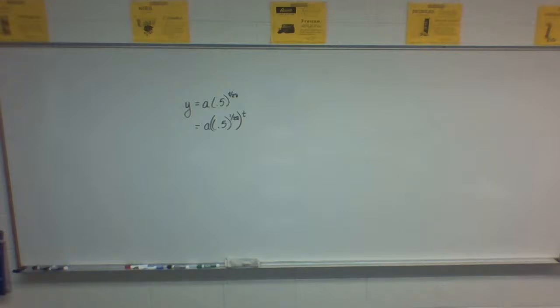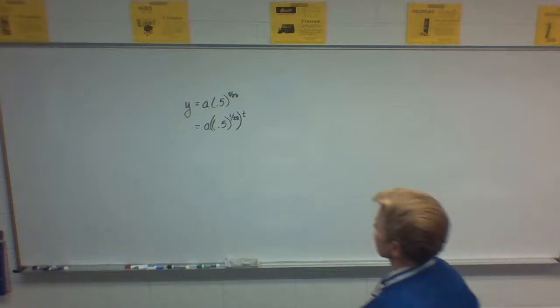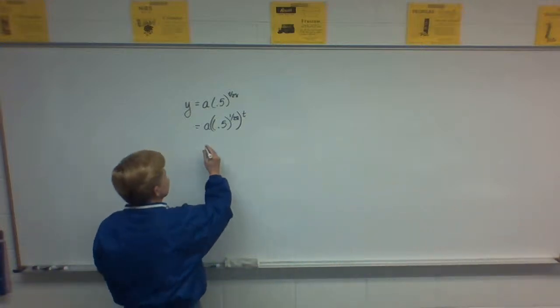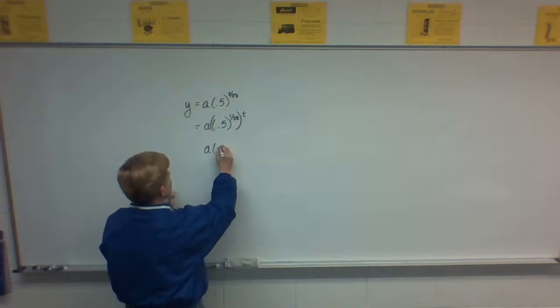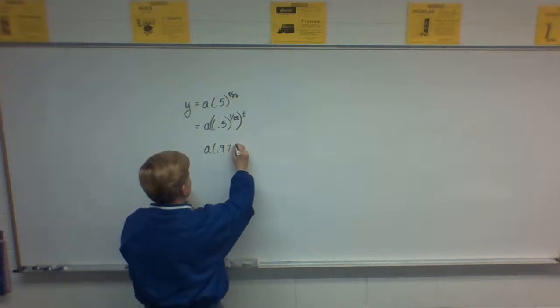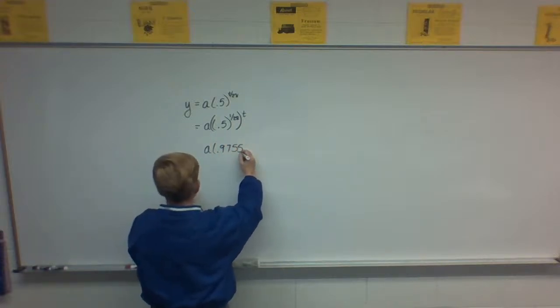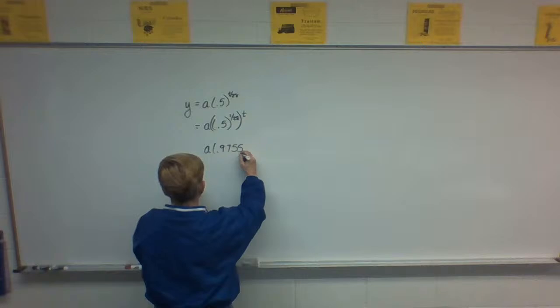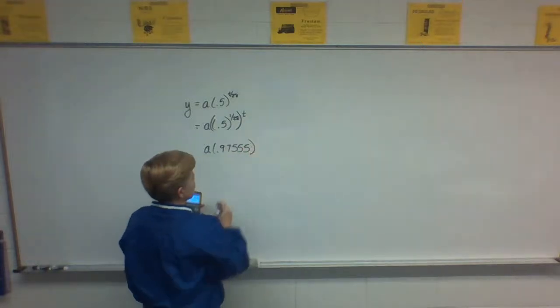So go to your home screen and take 0.5 raised to the parenthesis 1 divided by 28, close it. And then write down in here what you get, which is 0.9755. That's an approximation.